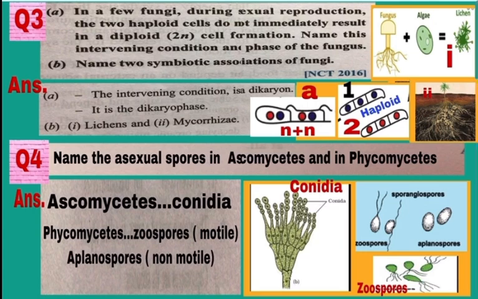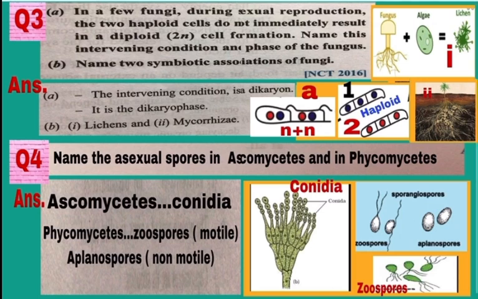Question number 4. Name the asexual spores in Ascomycetes and in Phycomycetes. In Ascomycetes, the asexual spores are conidia, develop on conidiophore. See the diagram. Conidia are developing on special mycelium called as conidiophore.